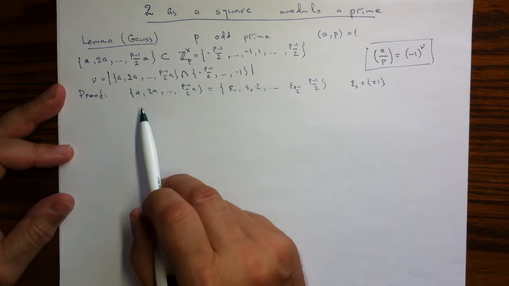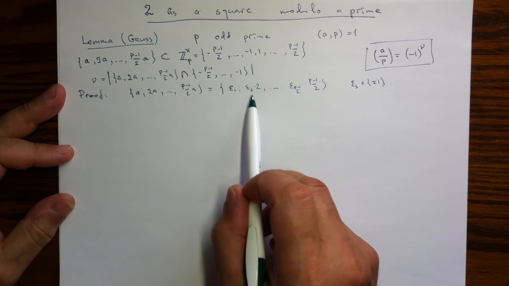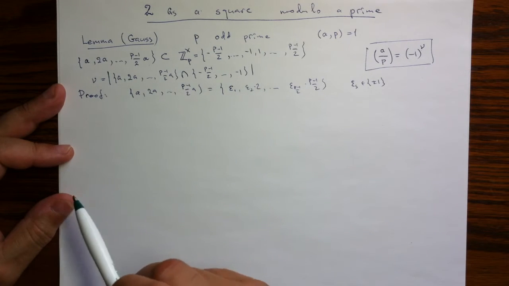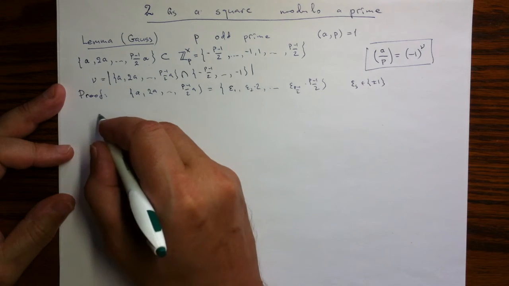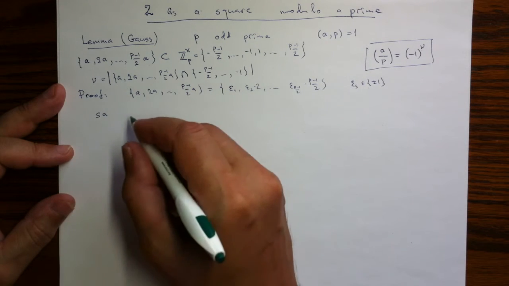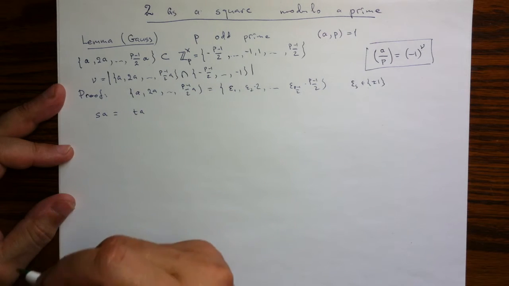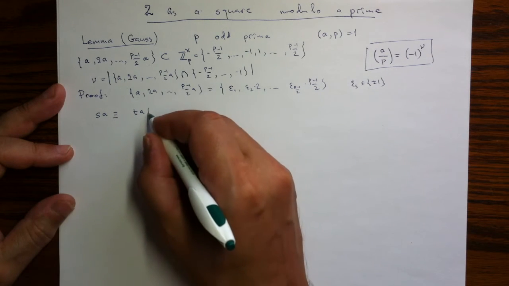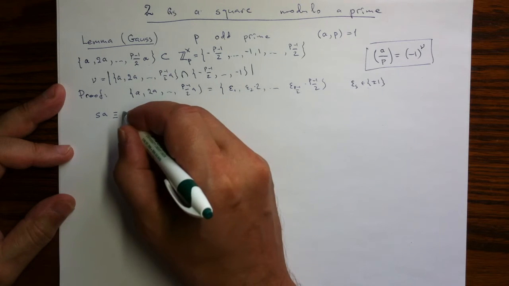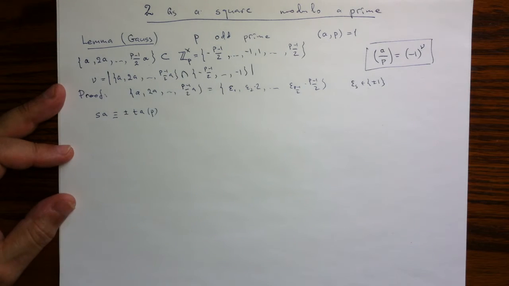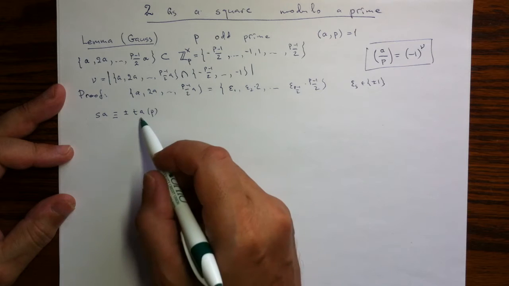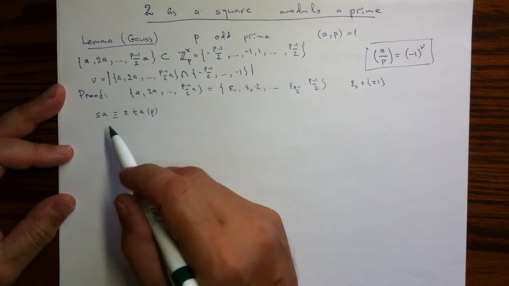So let's assume that they will not be all different in absolute value, so there will be a pair of multiples, s times a and t times a, which have the same absolute value modulo p, so they agree up to a sign. Well, a is invertible modulo p, so we can cancel it out.